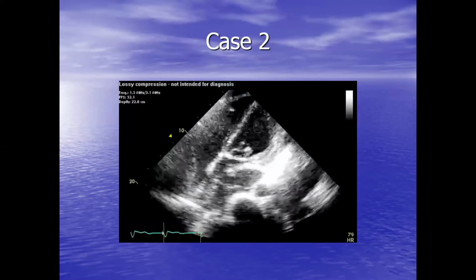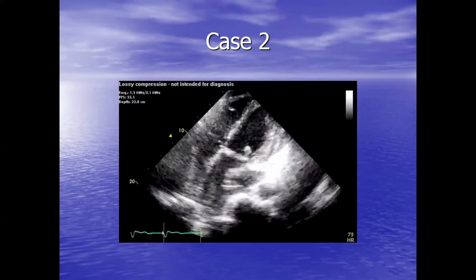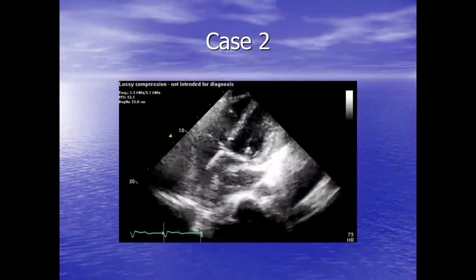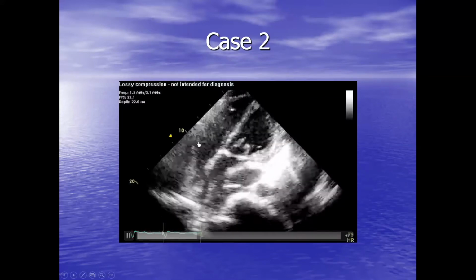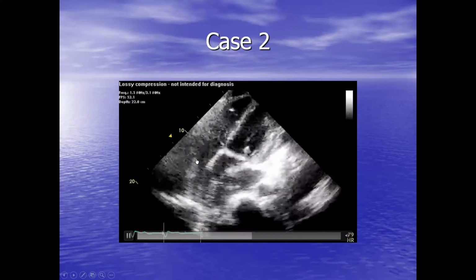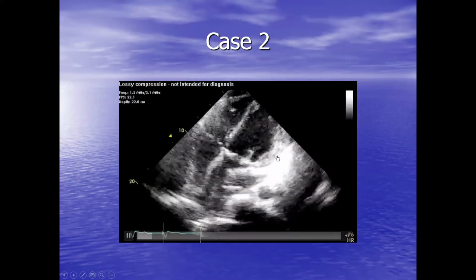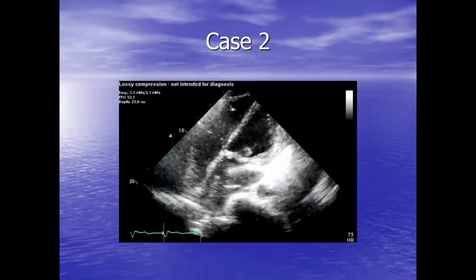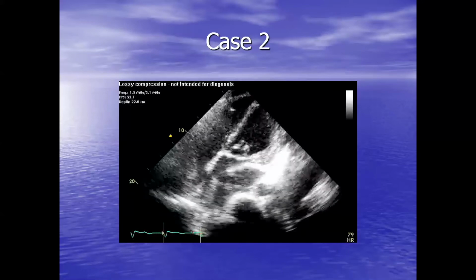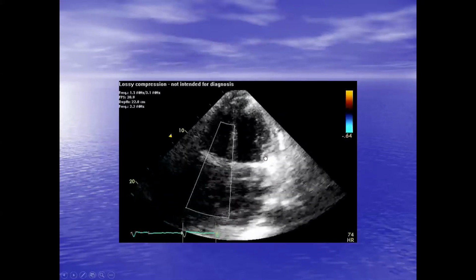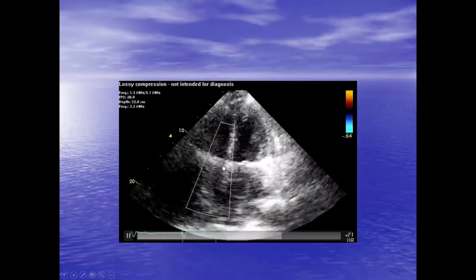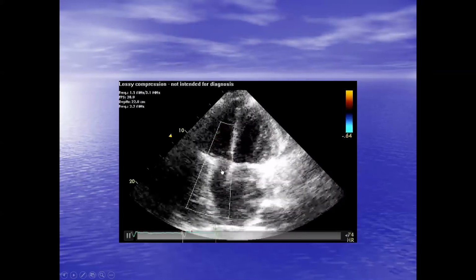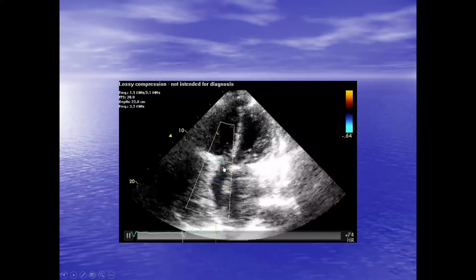This is another case where the patient was hypotensive, and the question is, is there anything compressing any chamber of the heart? You don't necessarily have circumferential pericardial effusions, especially postoperatively. And here, the troublesome thing is you see flow acceleration across the tricuspid inflow.